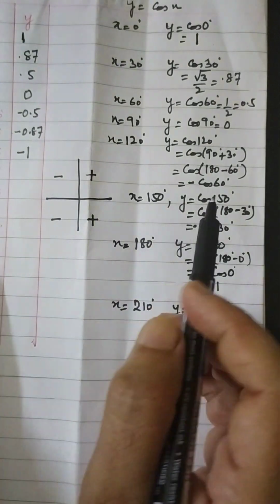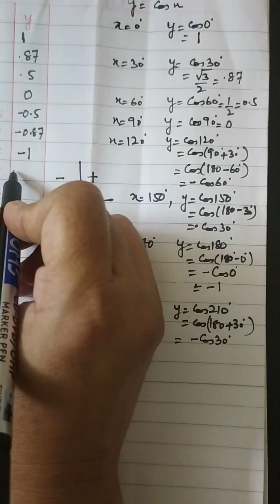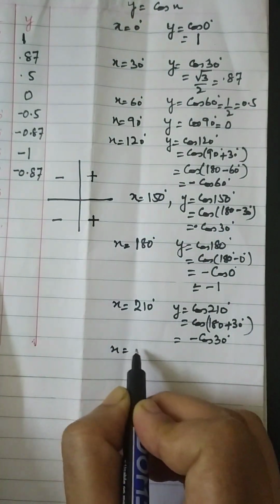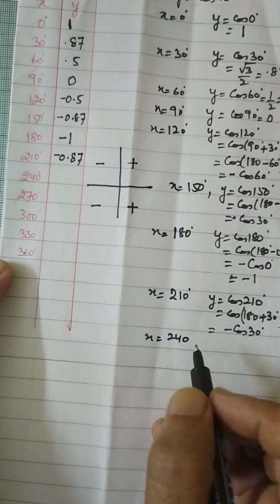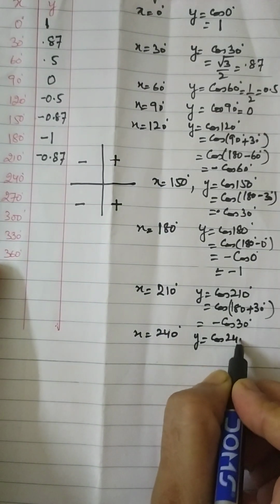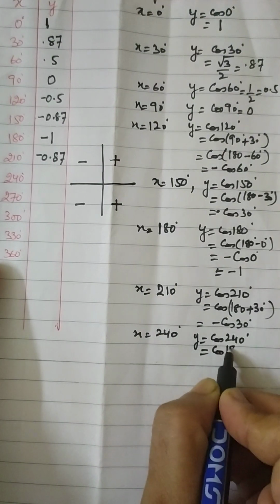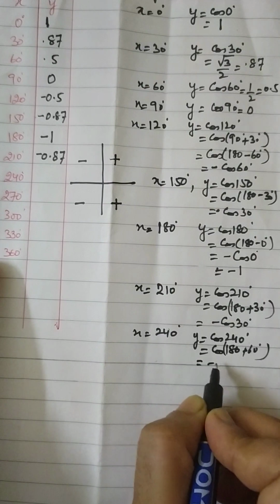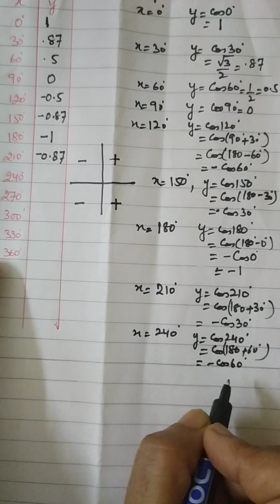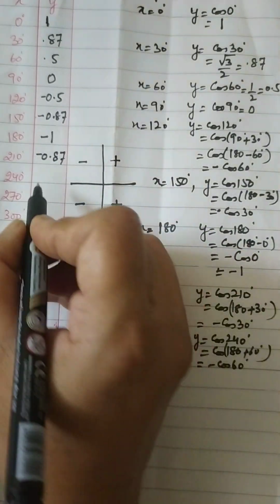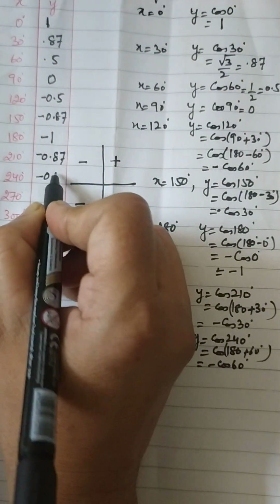So cos 30 we have calculated, minus 0.87. x is 240. y is cos 240, 180 plus 60. So this is minus cos 60. Cos 60 we know is 0.5. So this is minus 0.5.